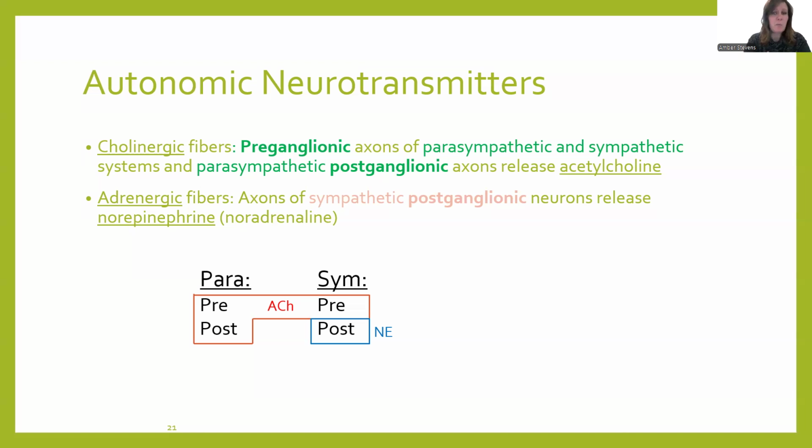Just to break it down even more, cholinergic fibers release acetylcholine. It's found in both systems in the preganglionic axons and the PANS postganglionic axons. Adrenergic fibers release norepinephrine, and they're found in the SANS postganglionic axons.